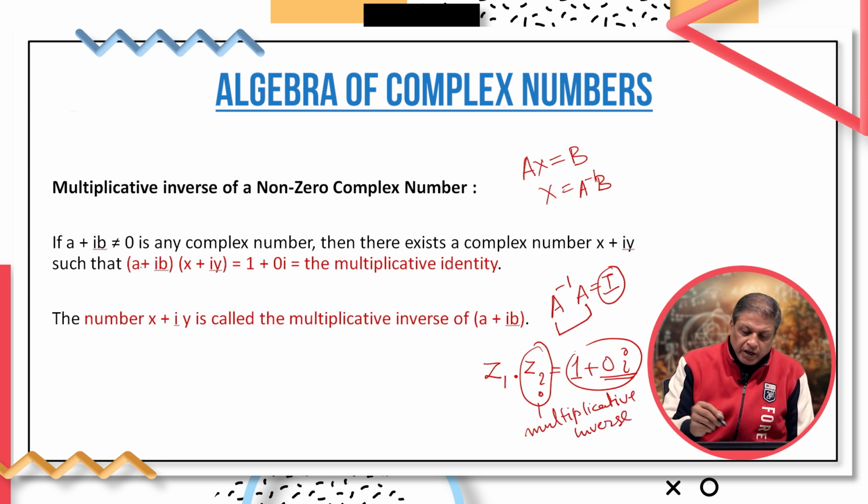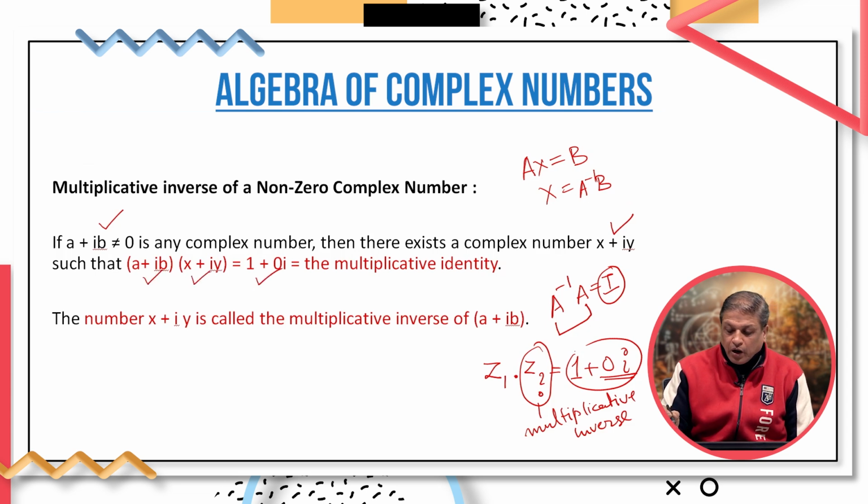Say a plus ib is a complex number, and there exists a complex number x plus iy such that a plus ib into x plus iy is equal to 1 plus 0i. Then x plus iy is nothing but the multiplicative inverse of a plus ib.